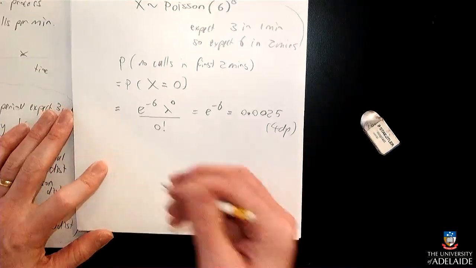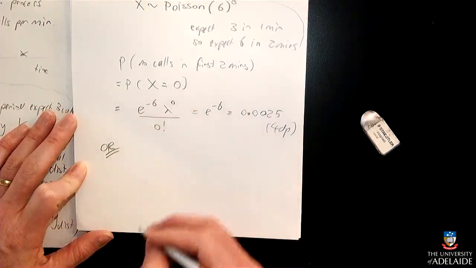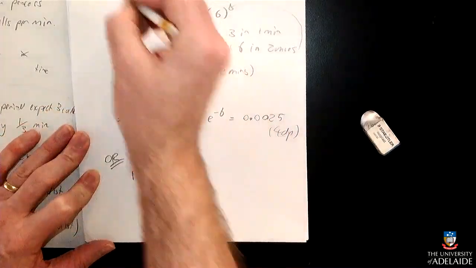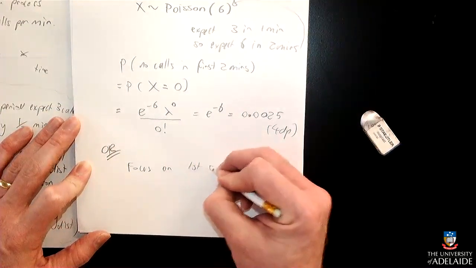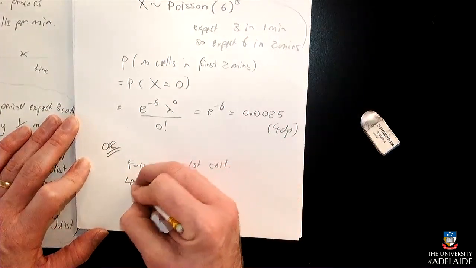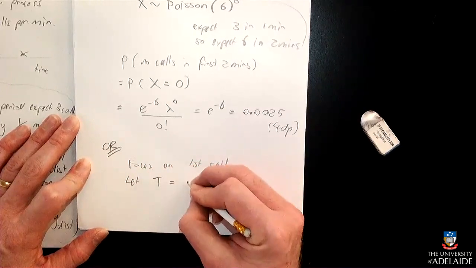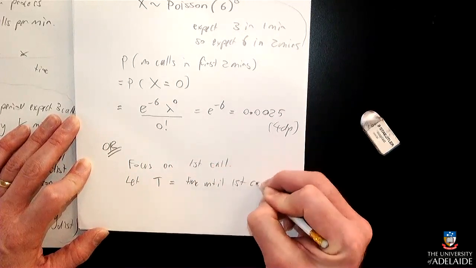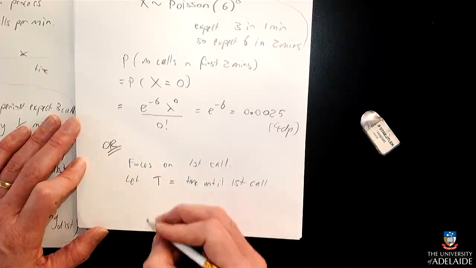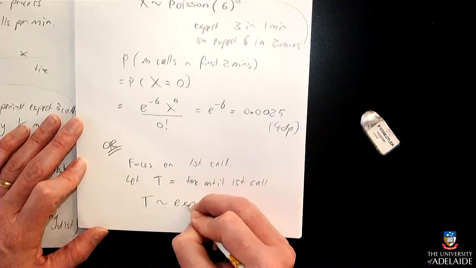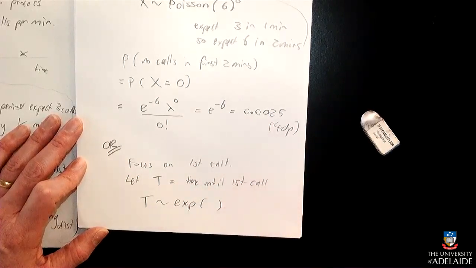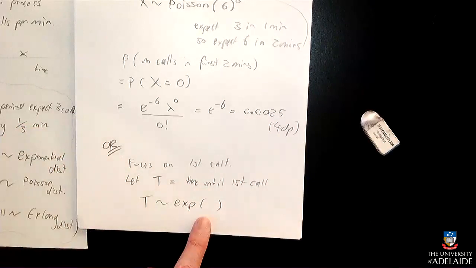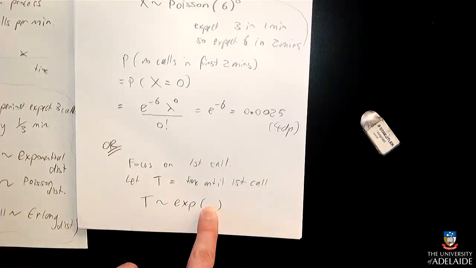So alternatively, let t be equal to the time until the first call, and then t would be an exponential distribution with rate. Do you put a lambda in this spot? We don't put one, we put the 3. Okay, good.